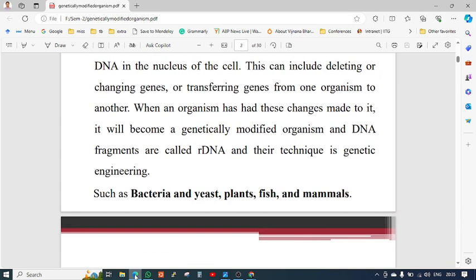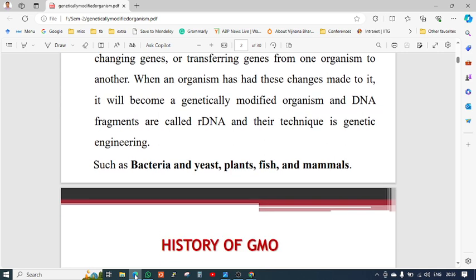This is done by genetic engineering, and the people working on it combine computational biology, genetic engineering, and bioinformatics. These people work together to produce this kind of thing. We are improving bacteria, yeast, plants, fish, mammals, and every organism that may be modified is called a GMO.